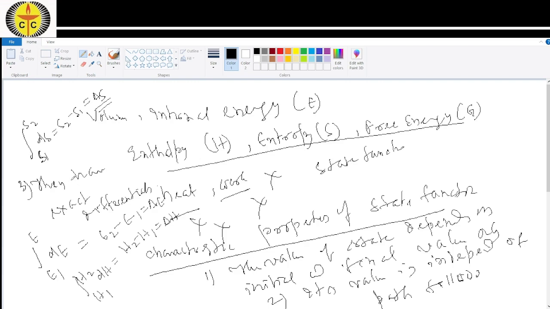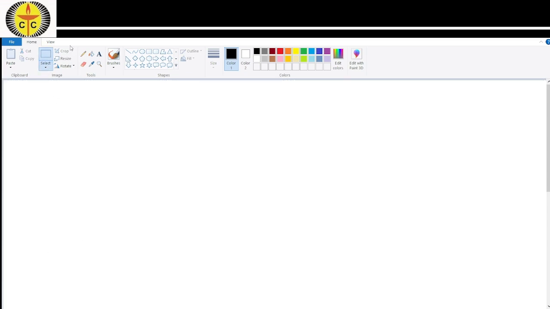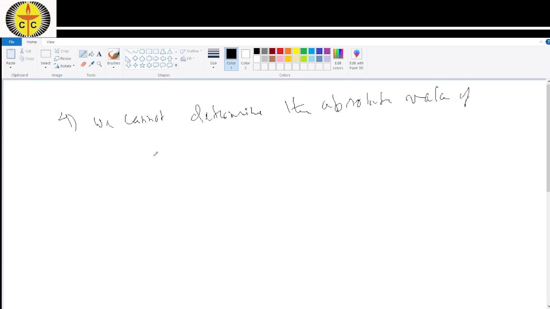Another thing, number four, we cannot determine the absolute value of a state function.